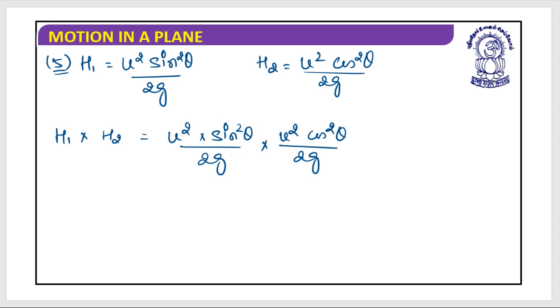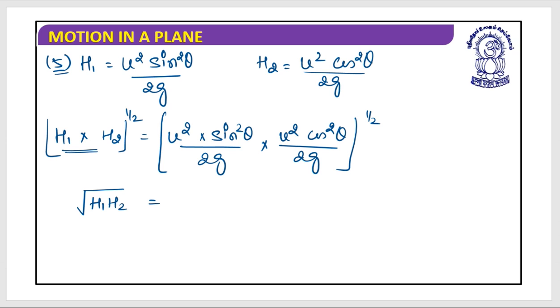Suppose let's take a square root of this. So this is root of h1 into h2, that would be equal to, if I take a square root of this as well, something like this.